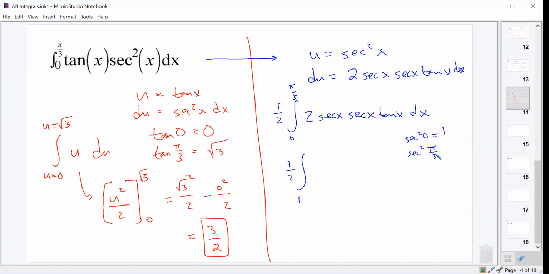What's the secant of pi over 3? 2. Secant of pi over 3 is 2, so secant squared of pi over 3 ought to be 4, right? And so now what happened when I did all of this substitution? I have 2 secant x tangent x dx, so I just have a du inside of here, or effectively a 1 du, right? And so what do I get if I integrate du, or 1 du?